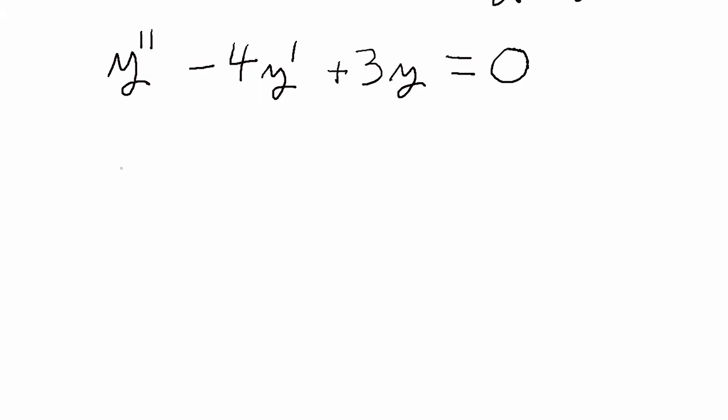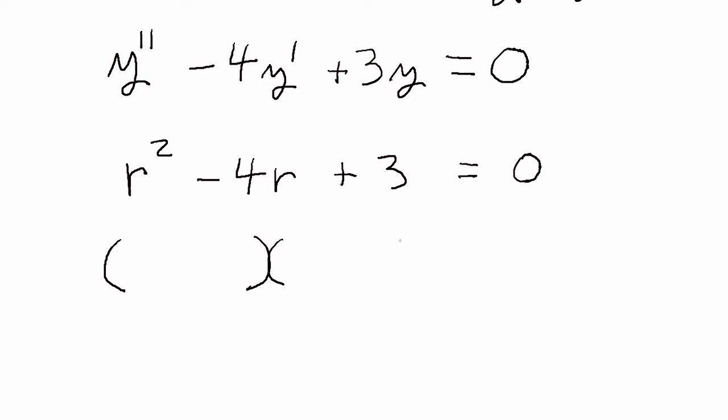The characteristic equation is r squared minus 4r plus 3 equals 0, and this factors nicely. We get r minus 3 and r minus 1.